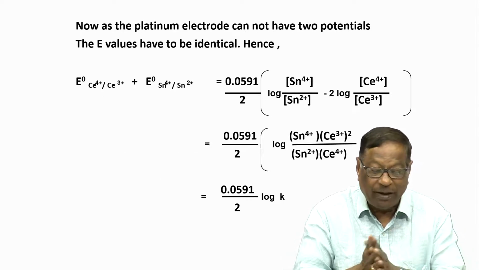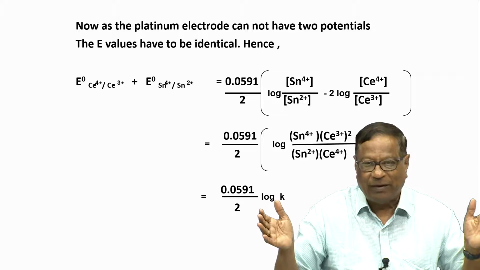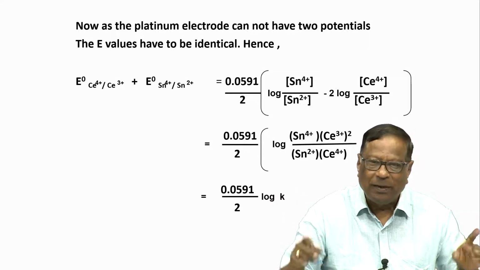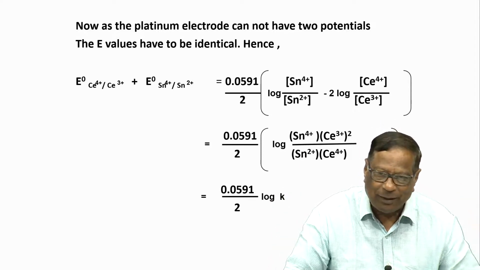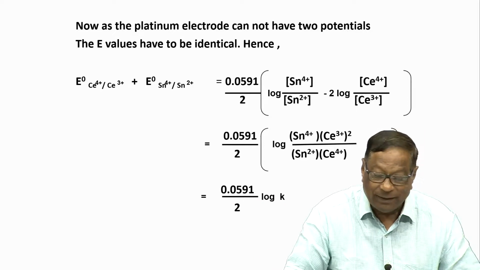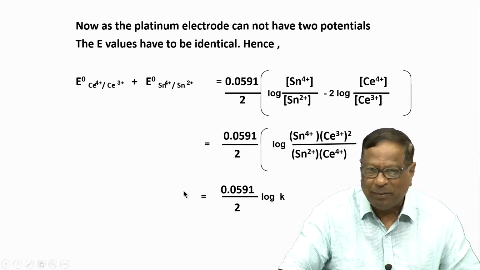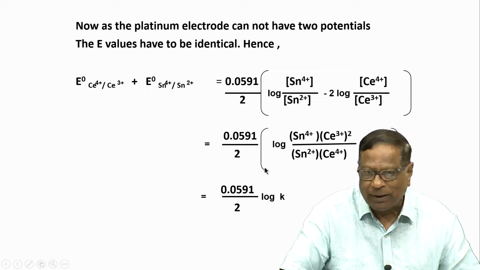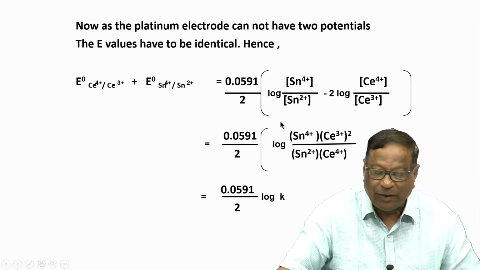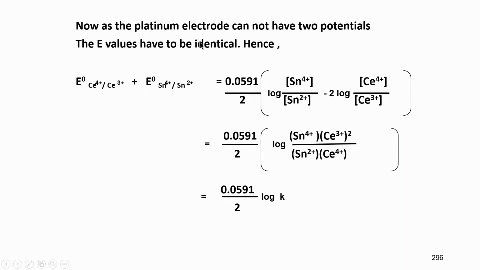Okay. Now, as it is a concentration cell, both of them are in solution. I have only one of them as a platinum electrode, another may be another platinum electrode or it can be a reference electrode. Now, as the platinum electrode cannot have two potentials, the E value has to be identical, whether it is ceric cerous or stannic stannous.